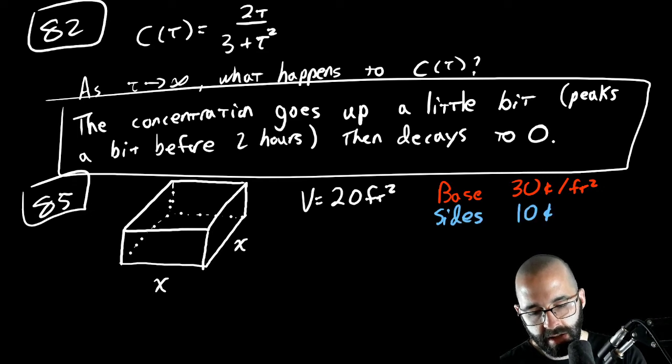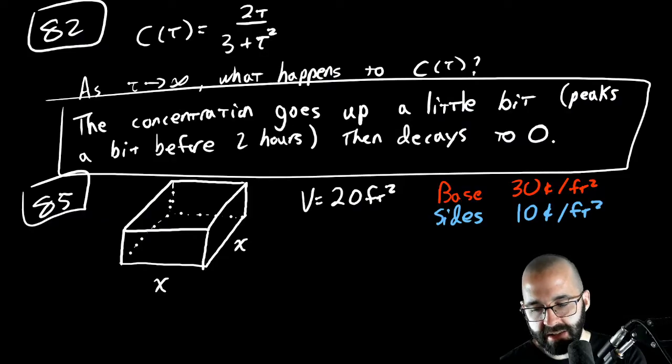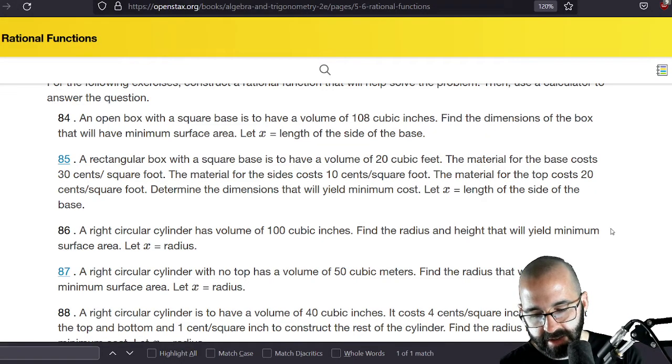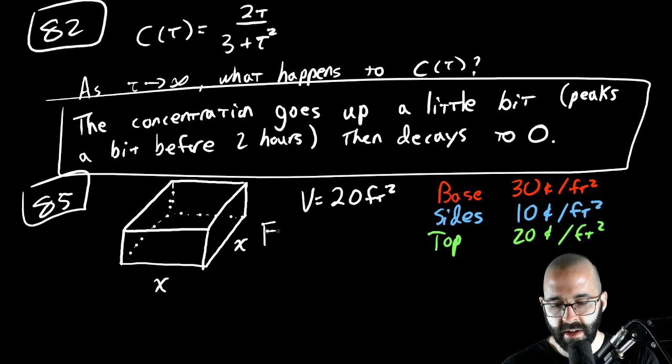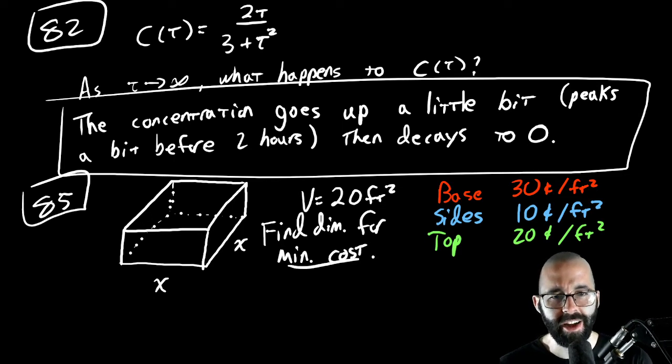That's good. And the top is 20 cents per square foot. Let x equal that. Determine the dimensions that yield minimum cost. So find the dimensions for minimum cost.